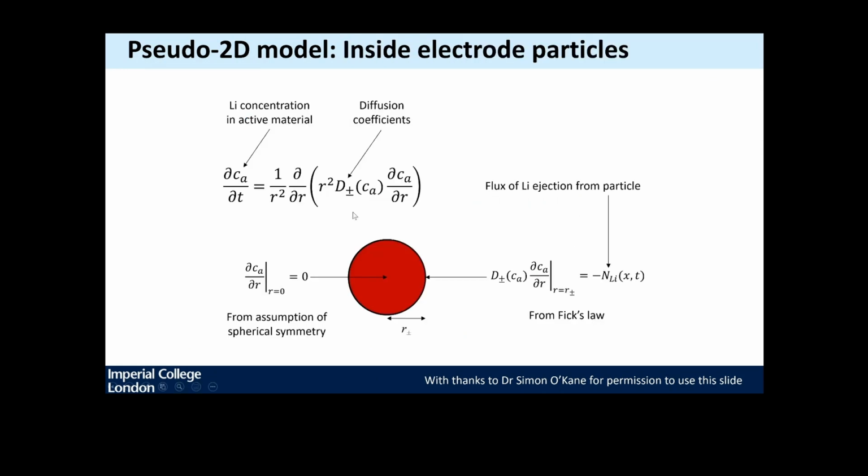So for the diffusion, I'm not doing anything surprising. I'm just taking Fick's law for diffusion and solving it in one dimension, the radius of the sphere. And so this is why I was choosing sphere, so that I can solve it in just one dimension. As you'll see, the model is complicated enough as it is.